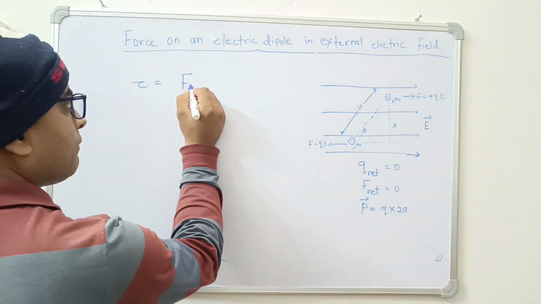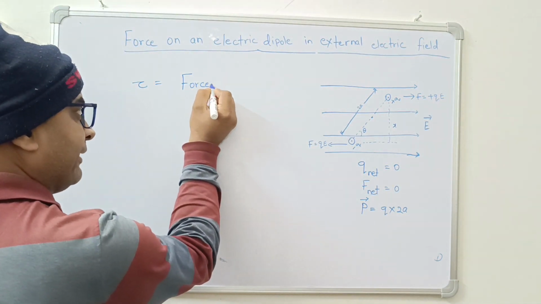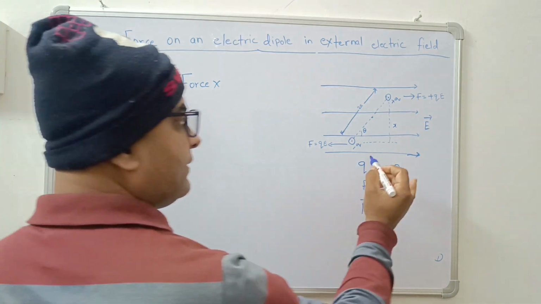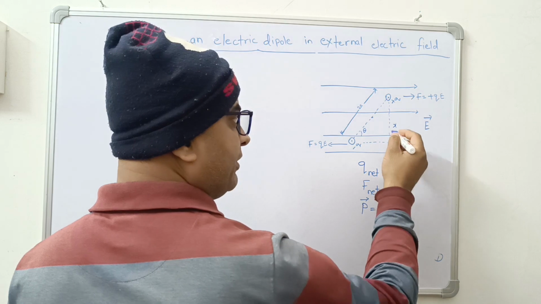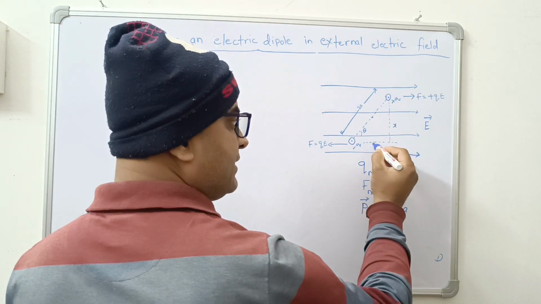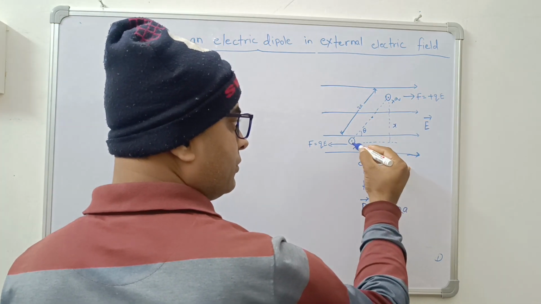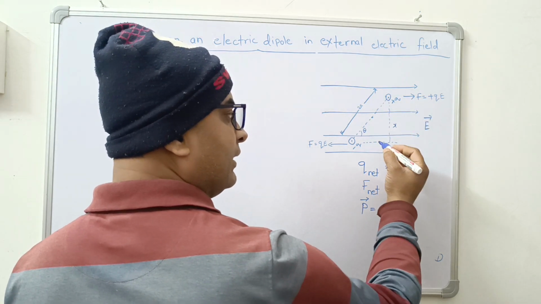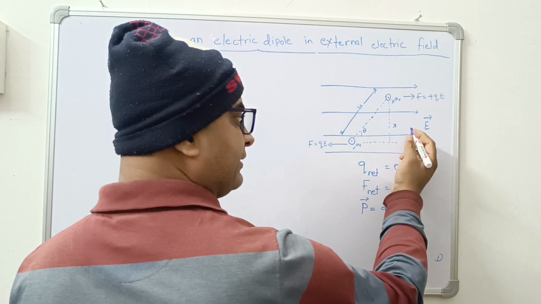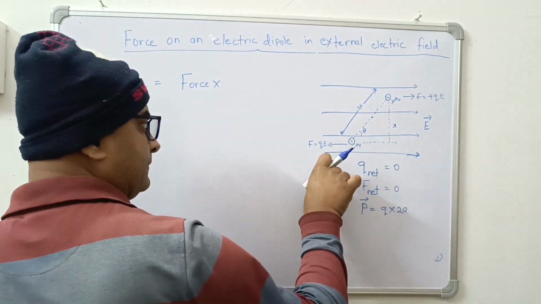Force multiplied by distance, the perpendicular distance between these charges. So this is q, this is q, and this is the angle theta that the dipole makes with the electric field lines.